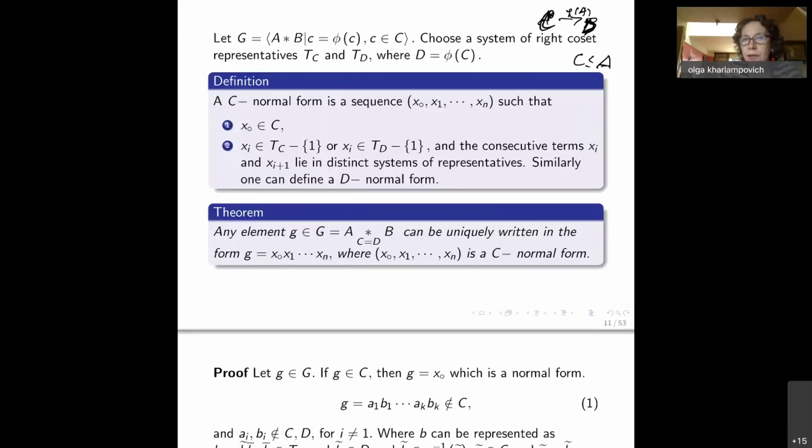We call it TC, right coset representatives for C, and TD for D.